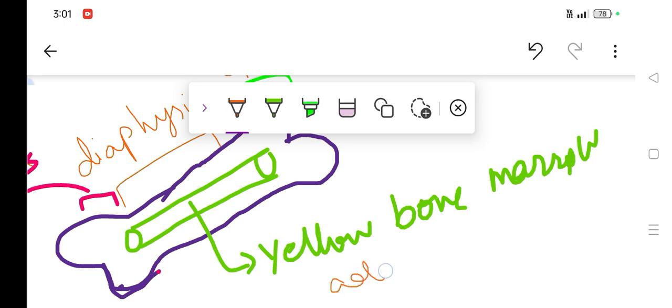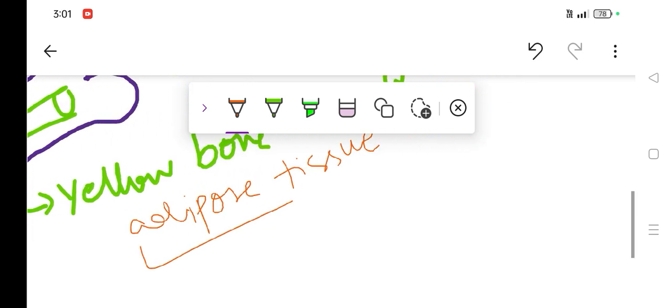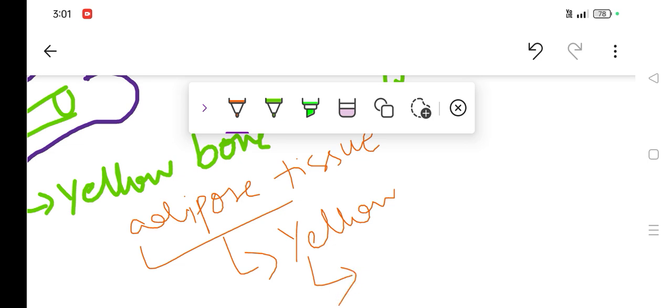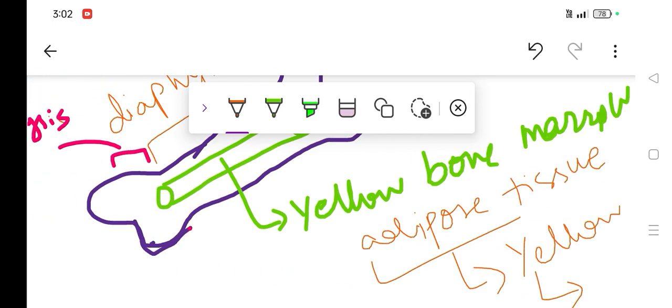Adipose tissues are fat, meaning extra fat present in our body in yellow color. It is not used every time, but when you don't eat much, if you're on intermittent dieting or controlling your eating, at that time adipose tissue is converted to provide you energy.